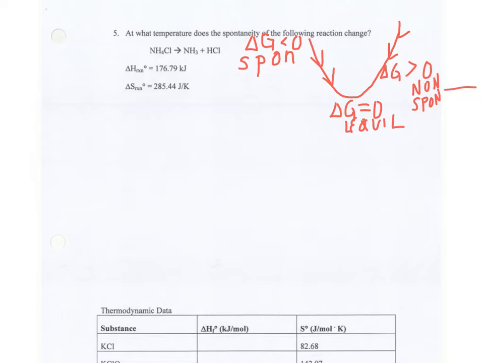There is a temperature at which the spontaneity changes. It has to pass through 0. So the way we figure out what that temperature is, if we're given the enthalpy of the reaction and the entropy, we can use the delta G equals delta H minus T delta S equation.